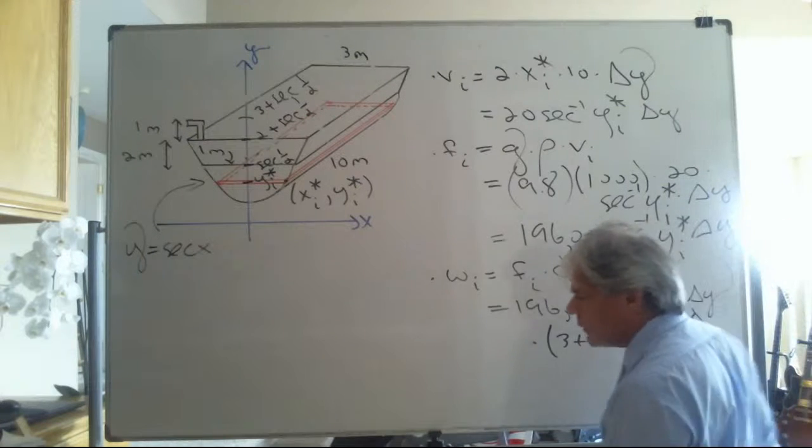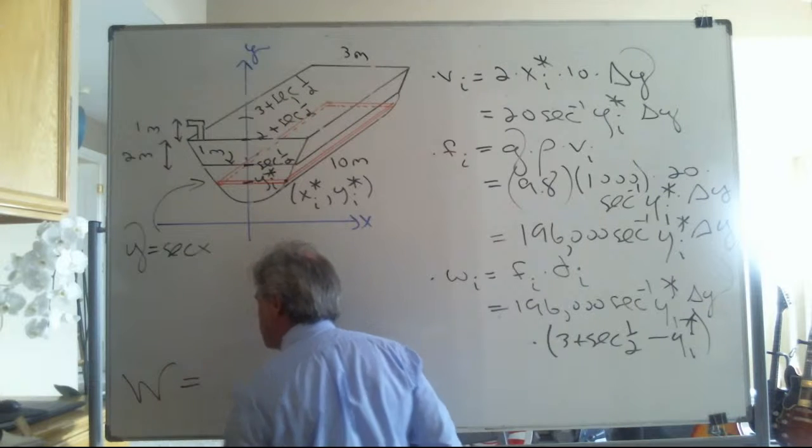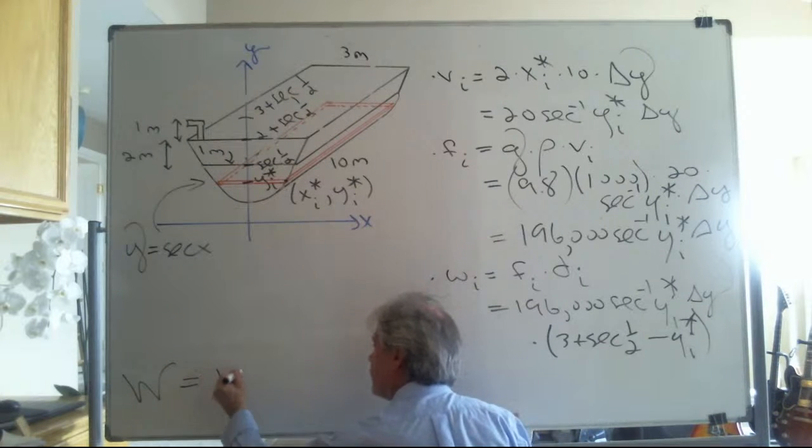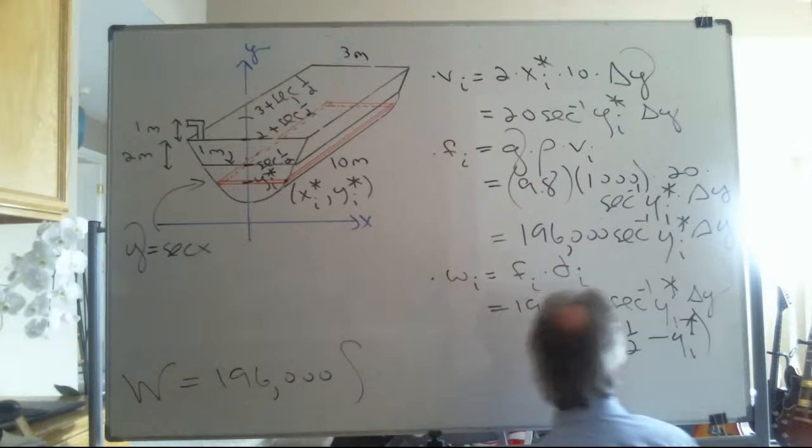Now, if I take the limit of the Riemann sum, the total work involved is merely going to be an integral with this coefficient, and here's the rest.